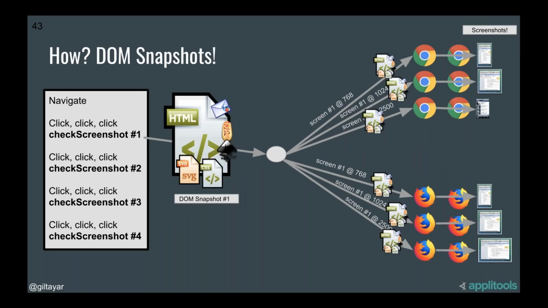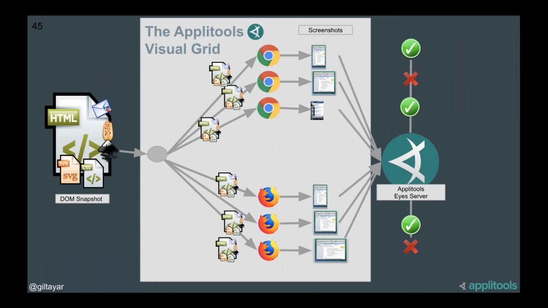We take the CSSs and the SVGs and the images and all the resources and assets that the page uses at that specific time, and we upload them and inject them into the various browsers with various widths, and then take the screenshots. And the answer is it's possible and it's doable, and it is exactly what the Applitools Visual Grid does.